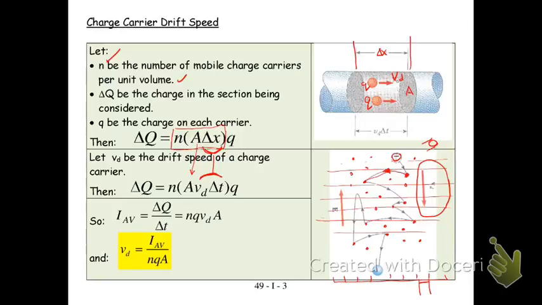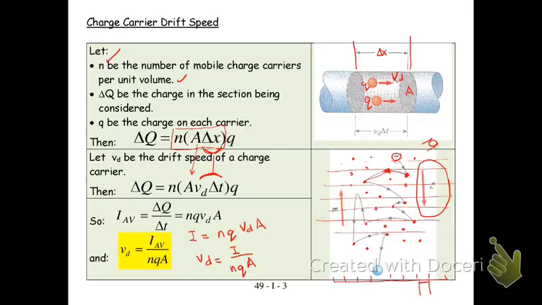And then what I say is, well, all right, my current is my charge per time. Let's divide this by time. Oh, look, that delta t cancels. So I have I equal to n q v_drift times A. So my drift velocity is equal to I over nqA.